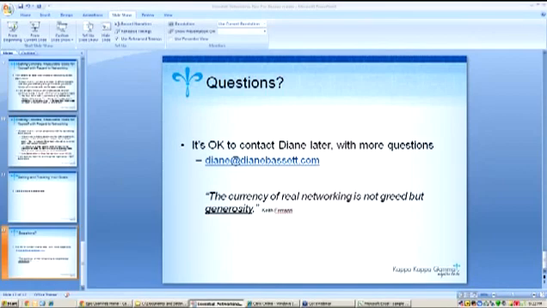Remember earlier when we talked about reciprocity? If somebody does something nice for you, you must thank them and demonstrate that you understand the concept of reciprocity, that you get it.